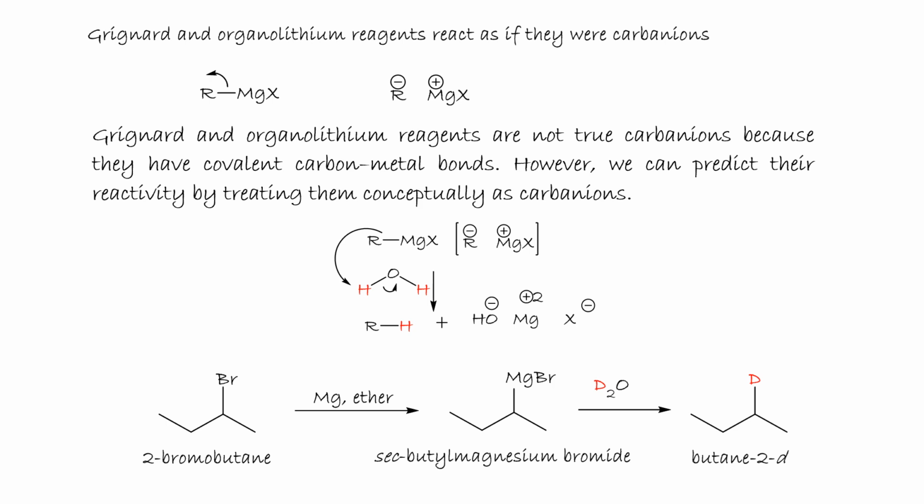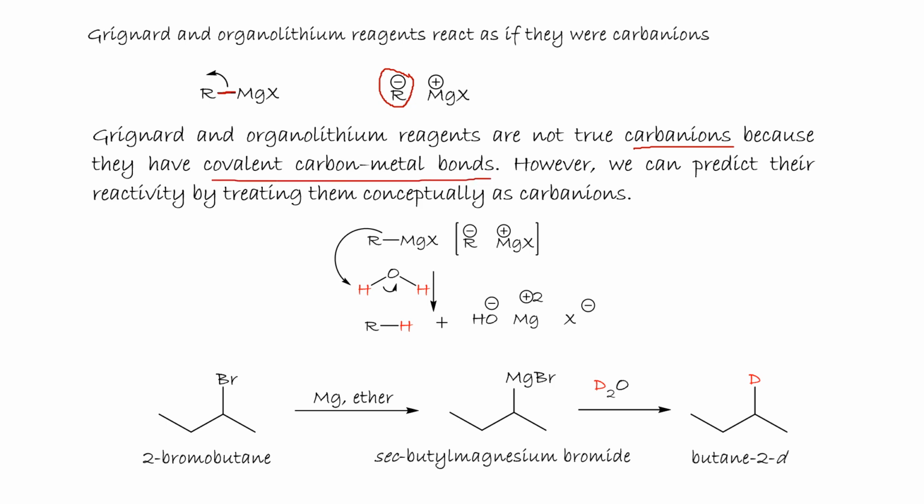Grignard and organolithium reagents react as if they are carbanions. We call this a polar covalent bond, but when it reacts it resembles R minus. So Grignard and organolithium reagents are not true carbanions because they have a covalent carbon-metal bond.